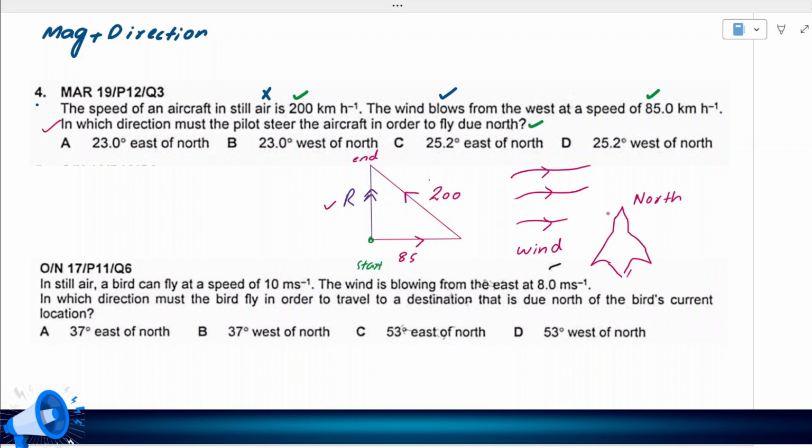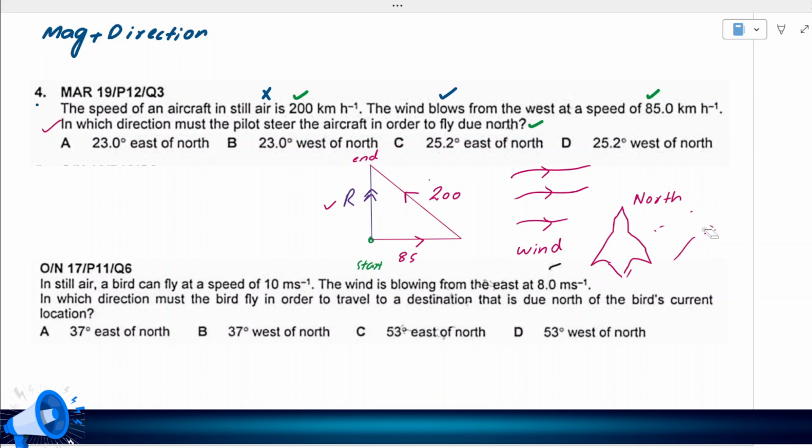If he's flying straight up, then the wind would shift the airplane in this direction, towards east.